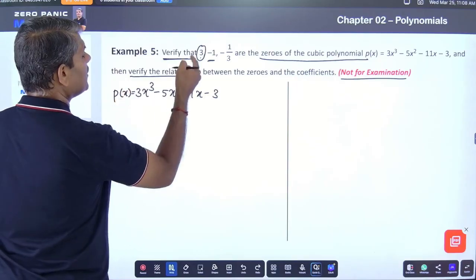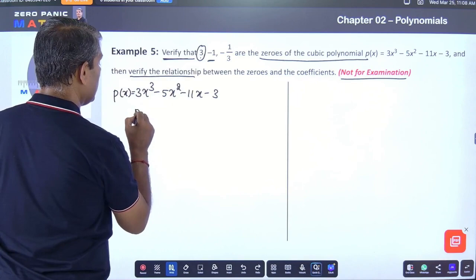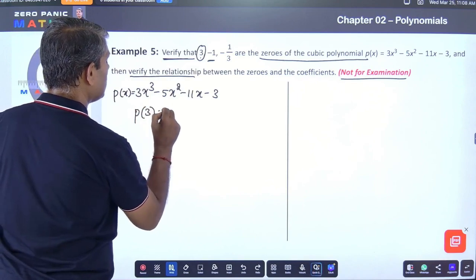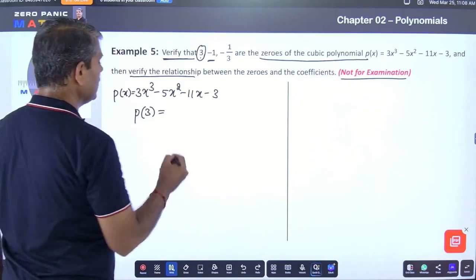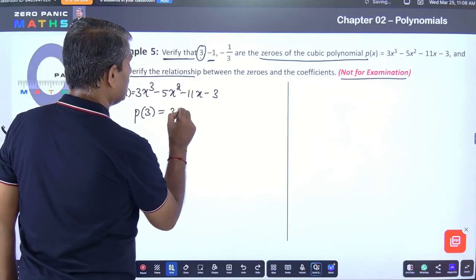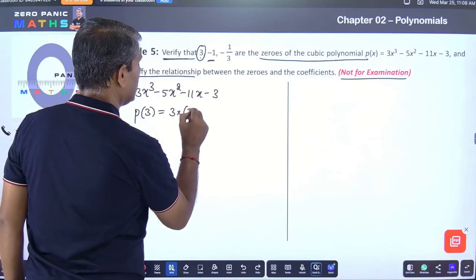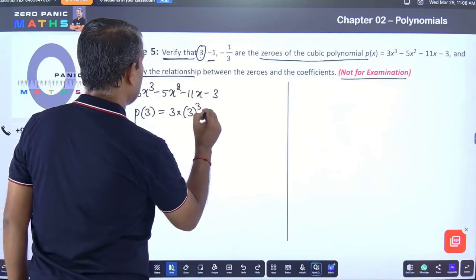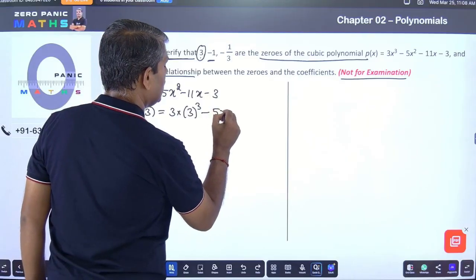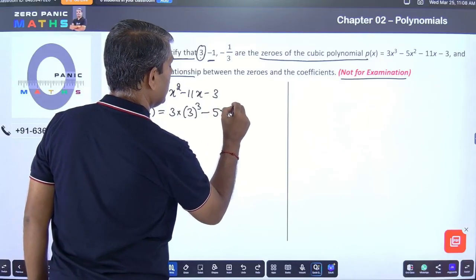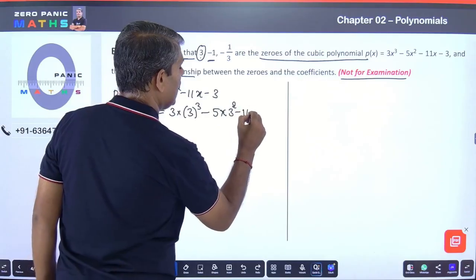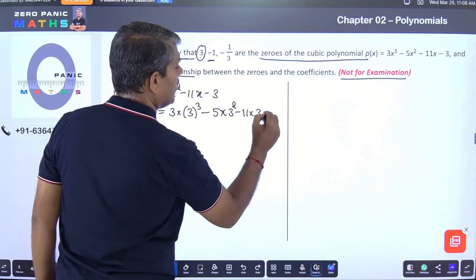To verify 3 as a zero of the polynomial, I will be putting 3 in place of x. Fine. 3 into x cube, that is 3 cube, minus 5 into 3 square, minus 11 into 3 minus 3.